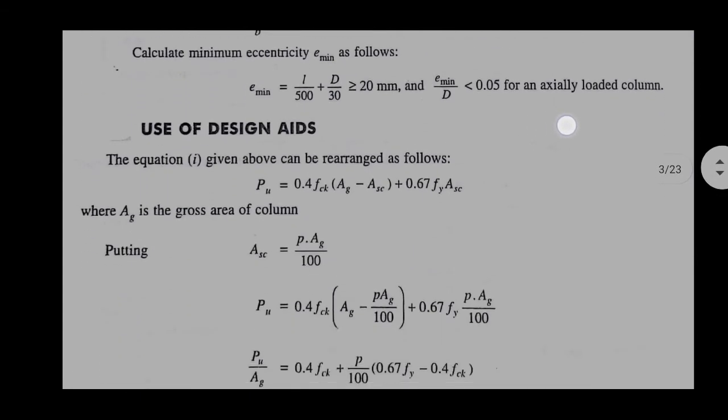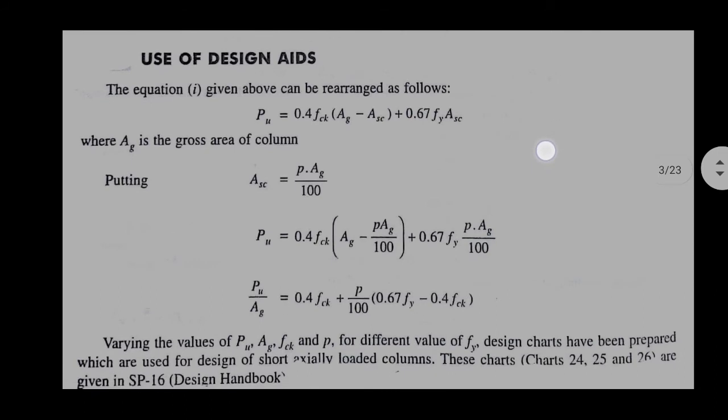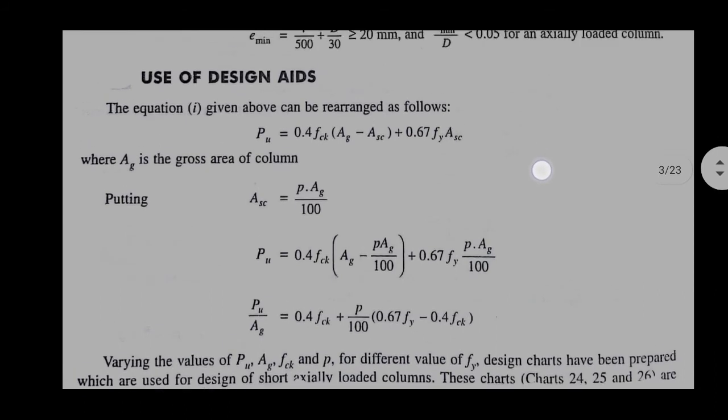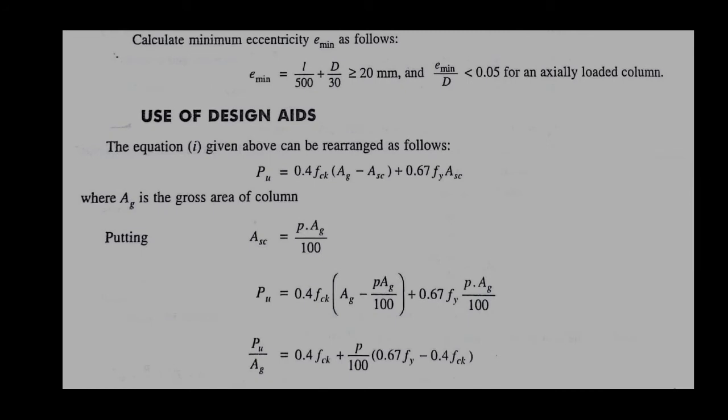Now we can use design aids like this. The equation 1 given above can be rearranged as follows. Pu is equal to 0.4 fck (Ag minus Asc) plus 0.67 fy Asc, where Ag is the gross area of the column.